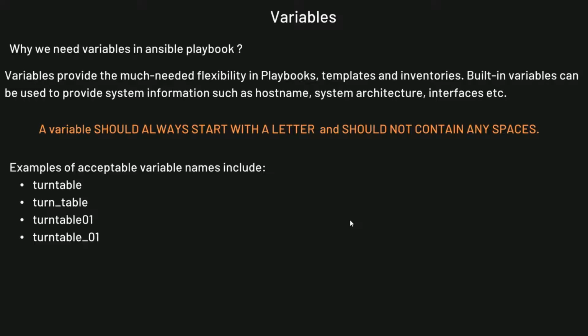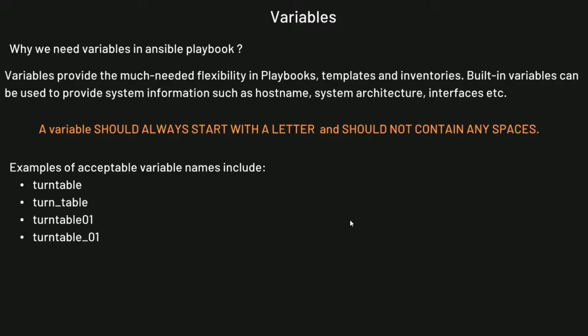Like shell scripting, Perl or Python, we have built-in variables in Ansible too, and those built-in variables help us get system information such as host name, the system architecture, the interfaces, etc.